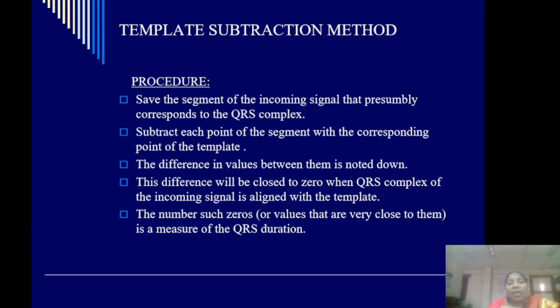If the difference is close to 0, then we can say the QRS complex is aligned with the template. If we have non-zero values, then the template and the signal don't match at all. Based on the number of such zeros, we can measure the QRS duration.